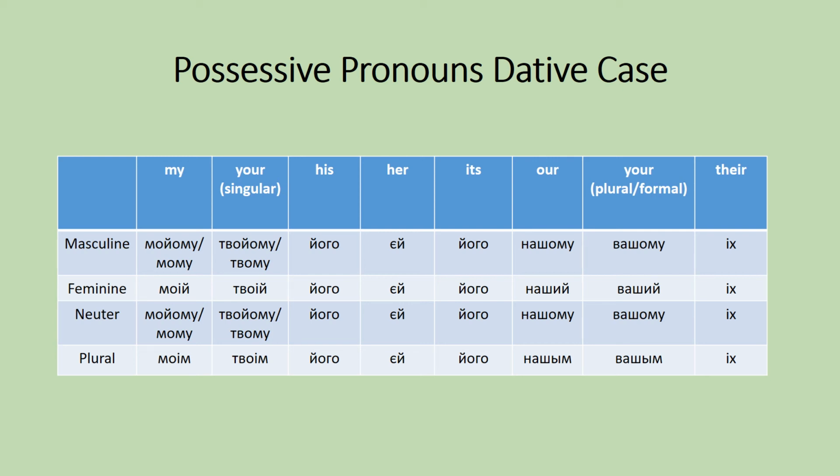Her is yay. It is yoho. Our is nashamu. Your plural or your formal is vashamu. Their is ich.